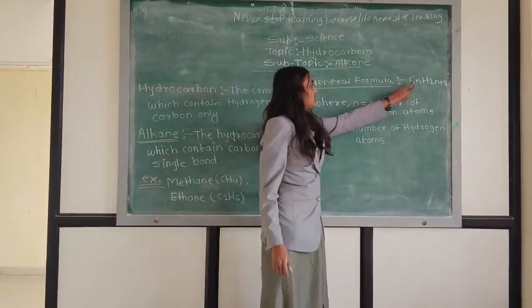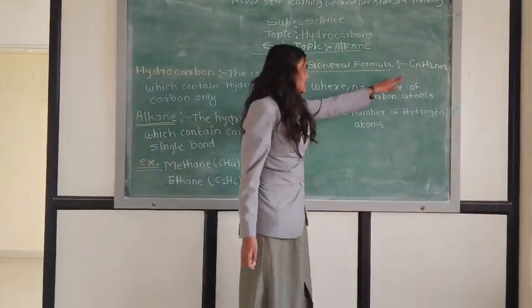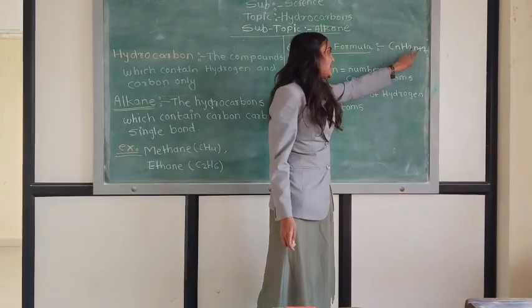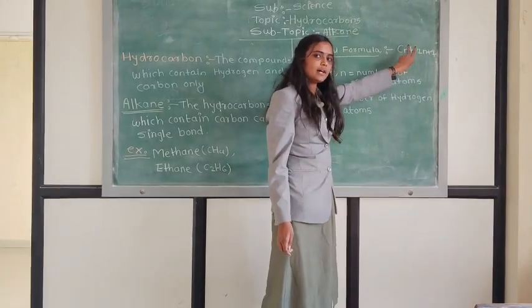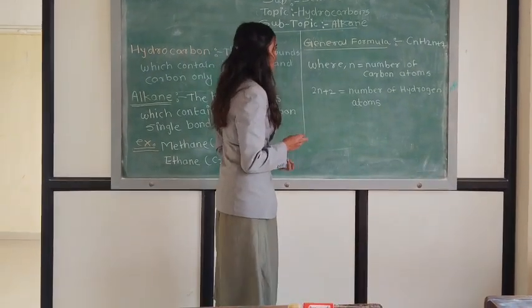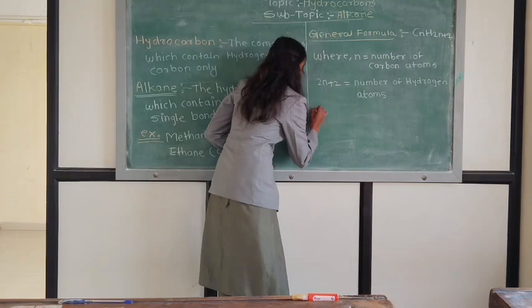So this formula CnH2n+2 tells us how many carbon atoms and how many hydrogen atoms are present in that alkane. Okay, so we will see this with an example.